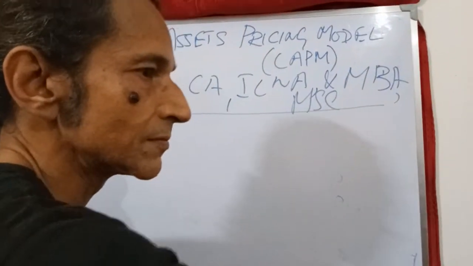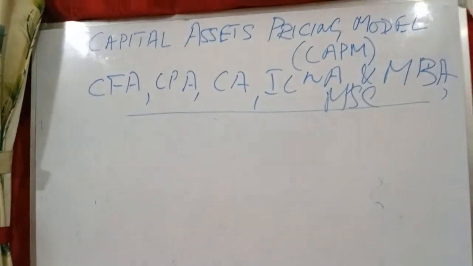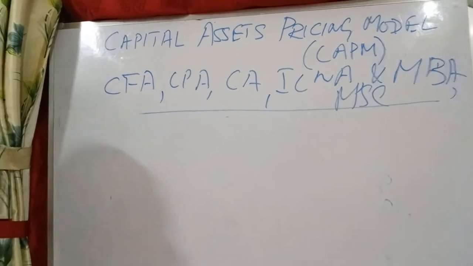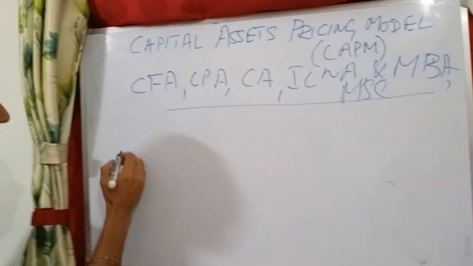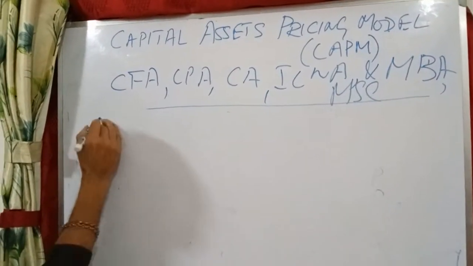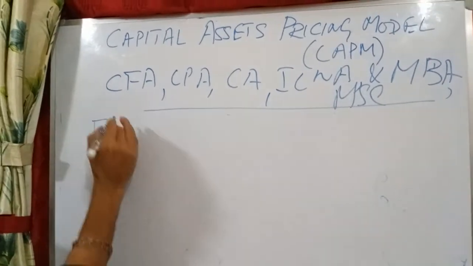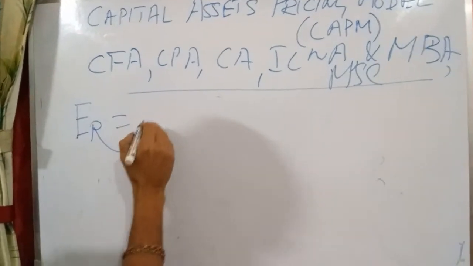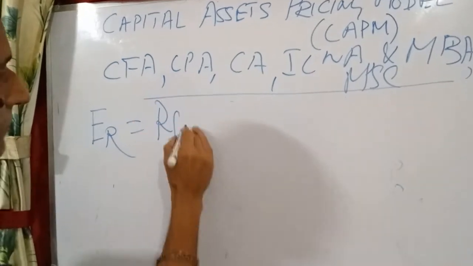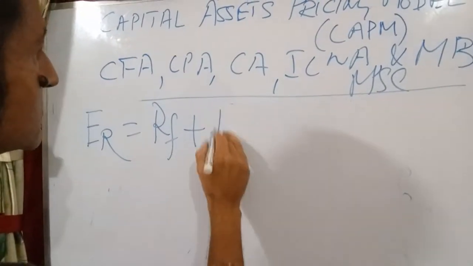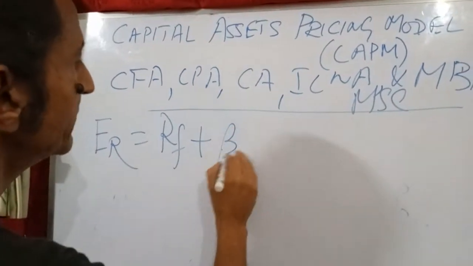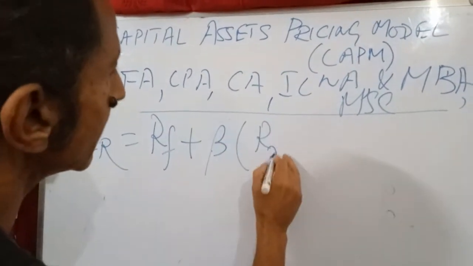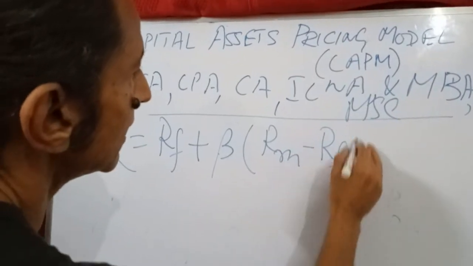CAPM is a model to determine the value of a stock. The CAPM structure is made with the formula ER is equal to RF plus beta into RM minus RF.